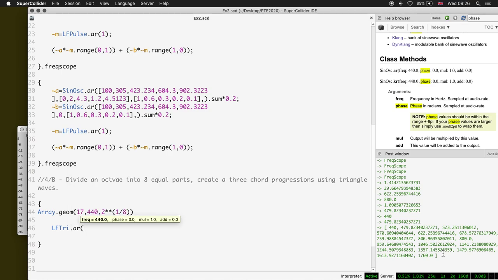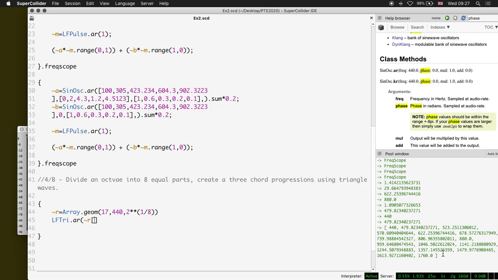And then you've seen that it's possible to put an array just here. So what I would like to do then is maybe take random values out of the array. Or actually, let's not take random values, but let's select the values. So what I can do is I can put the array there. So this is my array of frequencies, and I take this array, and then with square brackets I can index into that array.